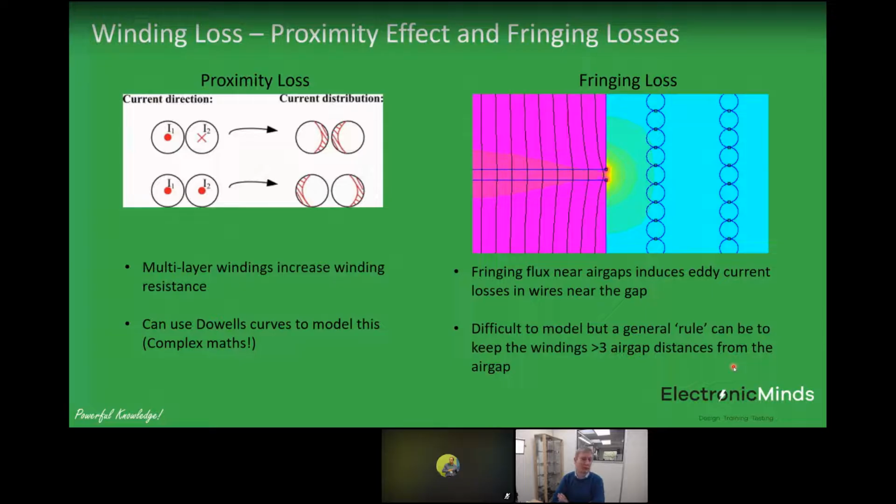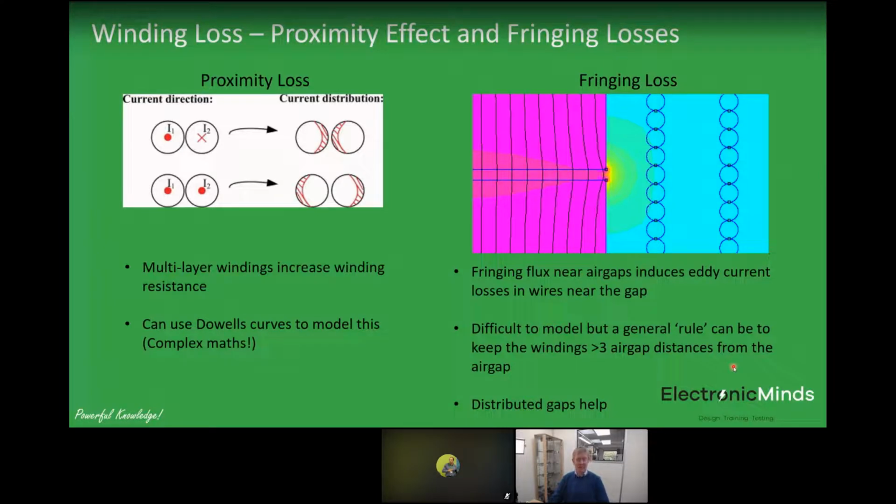That's probably just another rule of thumb that you can play around with, but it's a good starting point that gives you an idea. For example, if you try and put a 1 centimeter air gap in your core, you want to keep your windings well away from that, 3 centimeters at least. So it gives you a bit of a sanity check on whether what you're putting together is sensible or not.